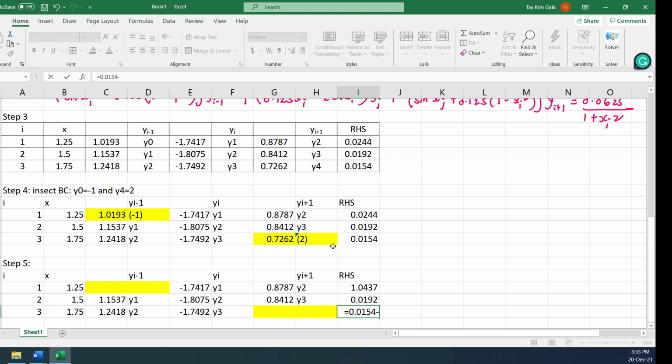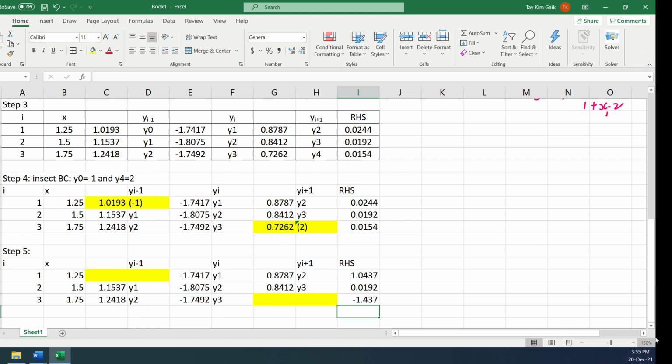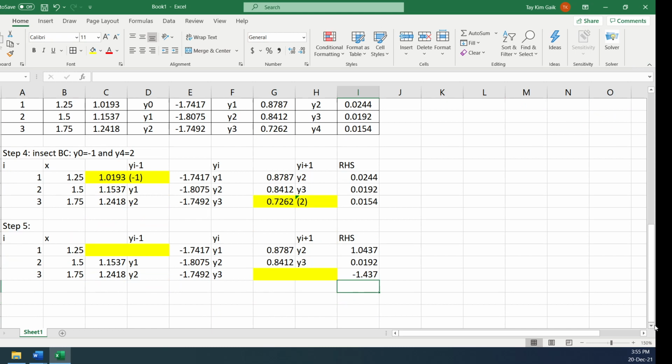You minus this value times, cannot, because this one is a text, I put it times 2. So now you got the system of 3 by 3.